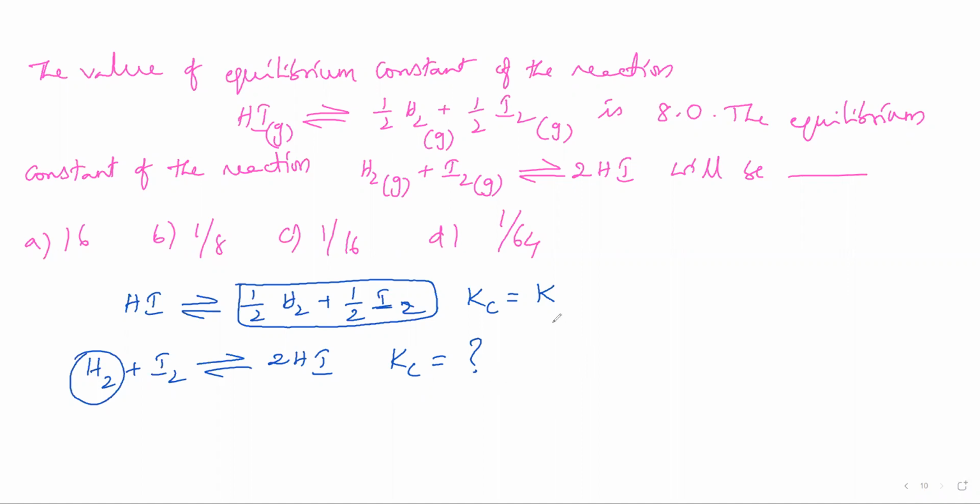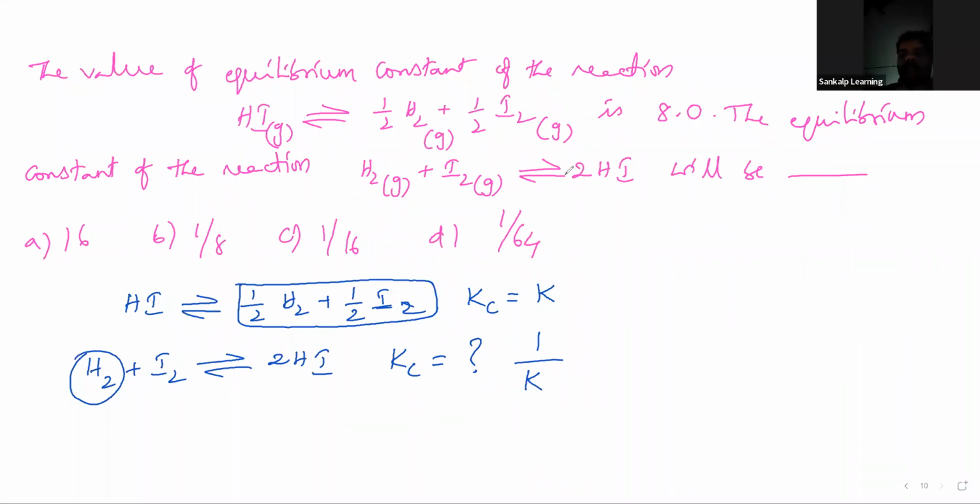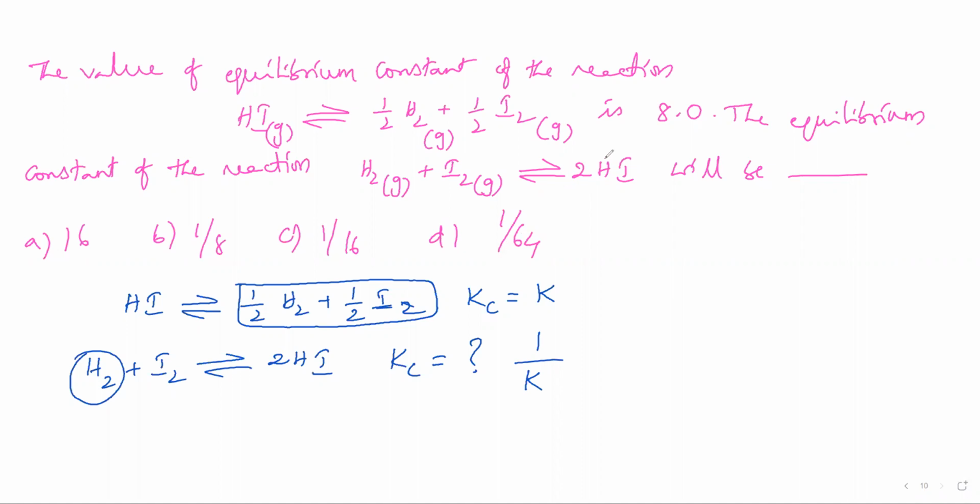If the reaction is reversed, K becomes 1 by K. This is the first point. Then the coefficients are doubled. If they are doubled, then K becomes K squared. So for this reaction, Kc is equal to K squared.